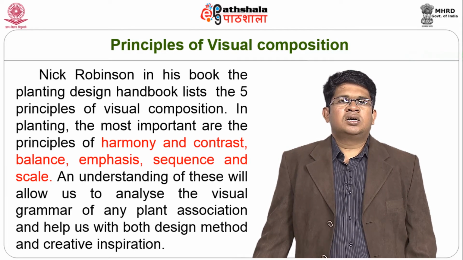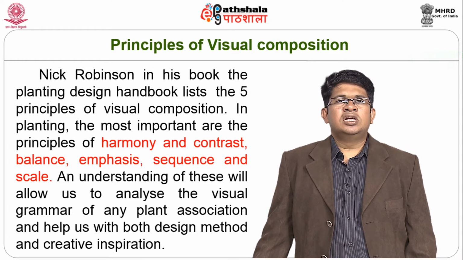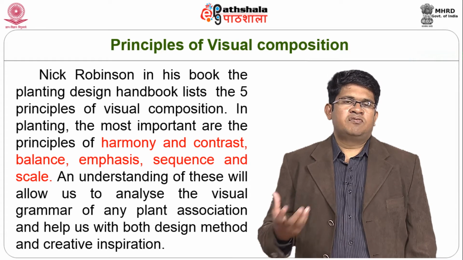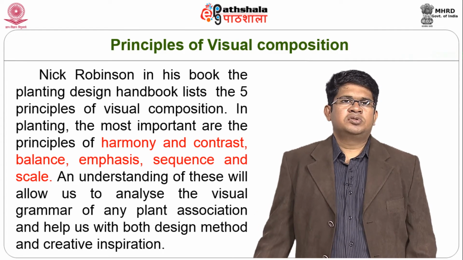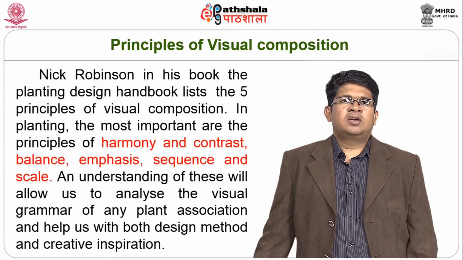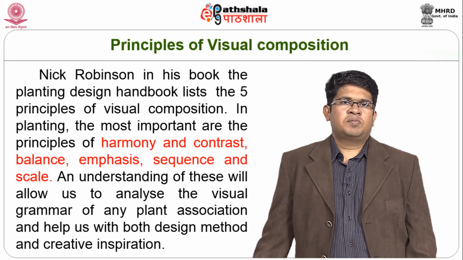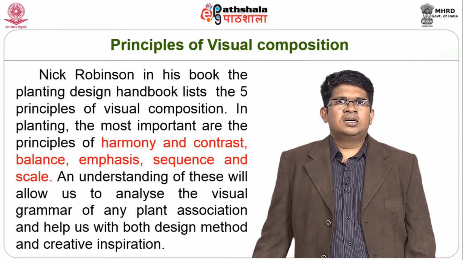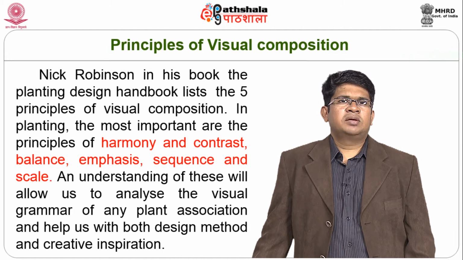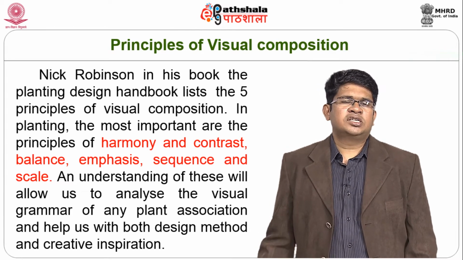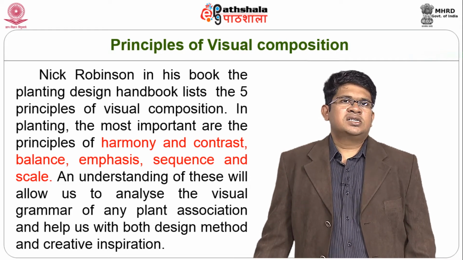So, how to give emphasis and how to arrange the different elements that are there in the visual composition, and how do we look at scale also as a part of the entire visual composition, and bring different types of visual landscapes, different kinds of expression of the designed landscape itself.